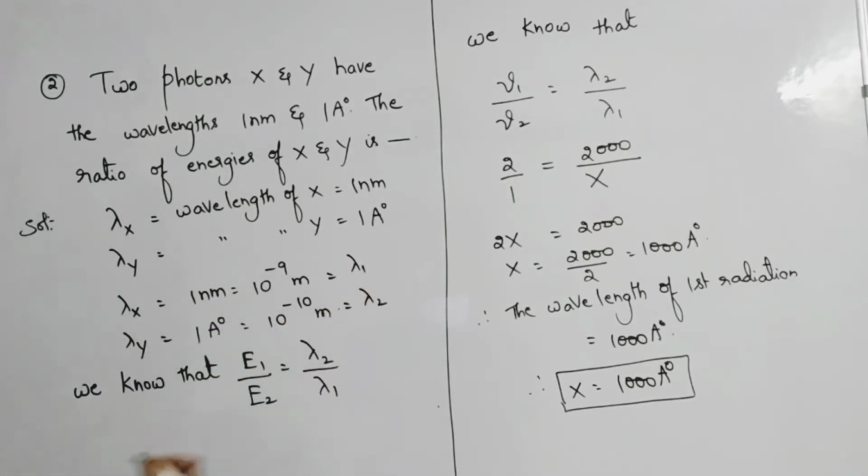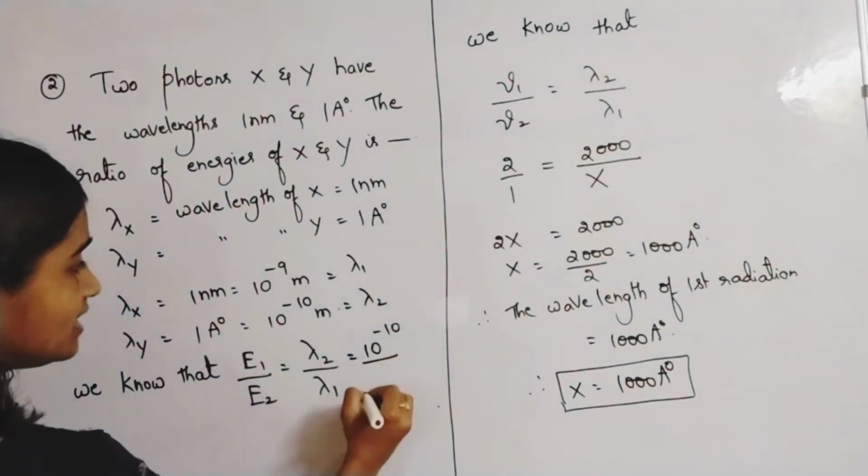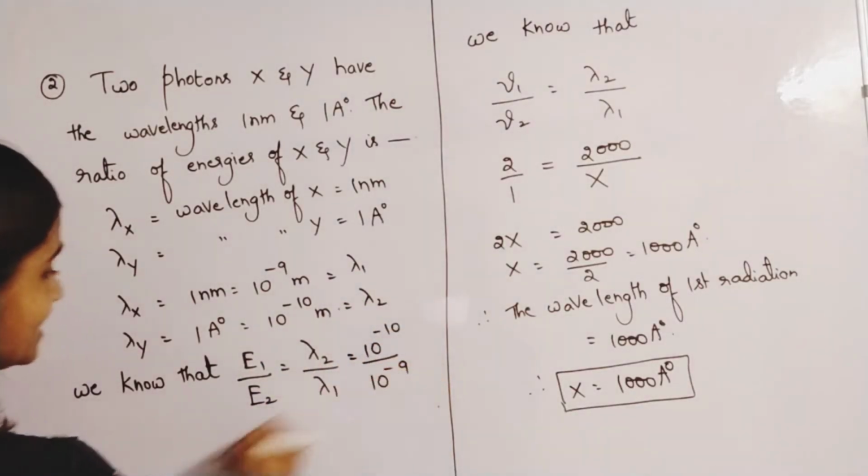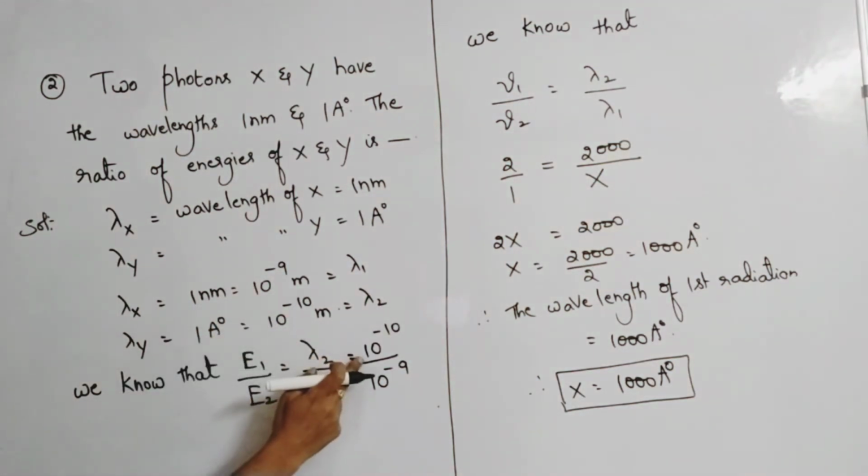Now if you equate that, E1 by E2 will become 10 to the power of minus 10 by 10 to the power of minus 9, because lambda 2 is 1 angstrom and lambda 1 is 1 nanometer, 10 power minus 9. So what is the ratio we got?